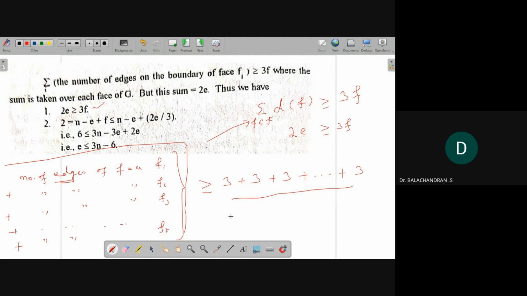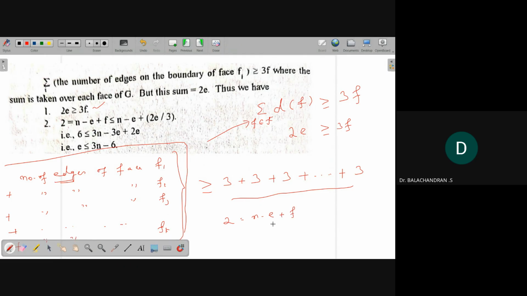Next, Euler's theorem. What is Euler's theorem? n minus e plus f equals 2, or you can write 2 is equal to n minus e plus f.